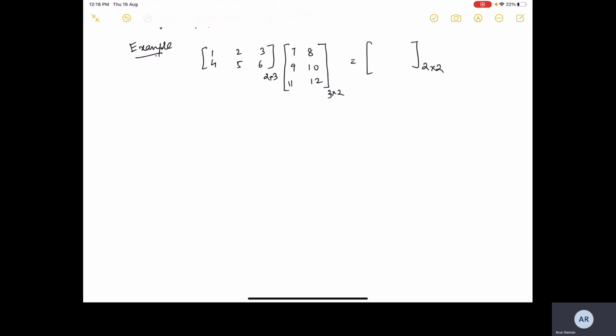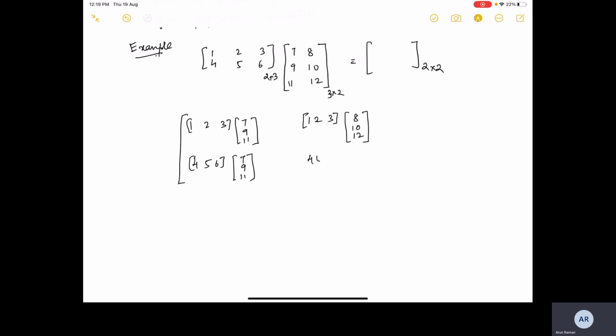If we have to use the traditional method of matrix multiplication, what we generally do is that we take the first row, first column, then first row, second column, then second row, first column, and second row, second column, and so we get the 2 cross 2 matrix.